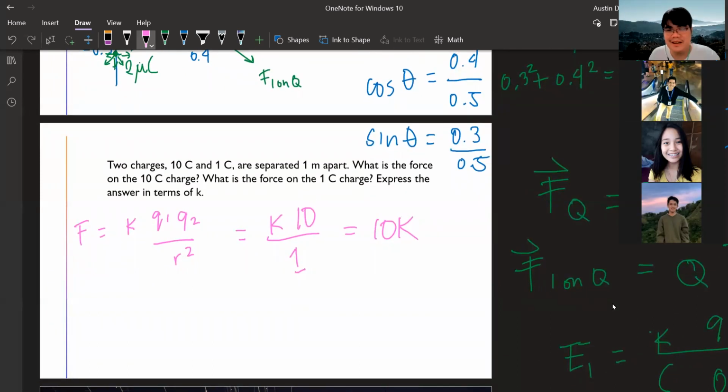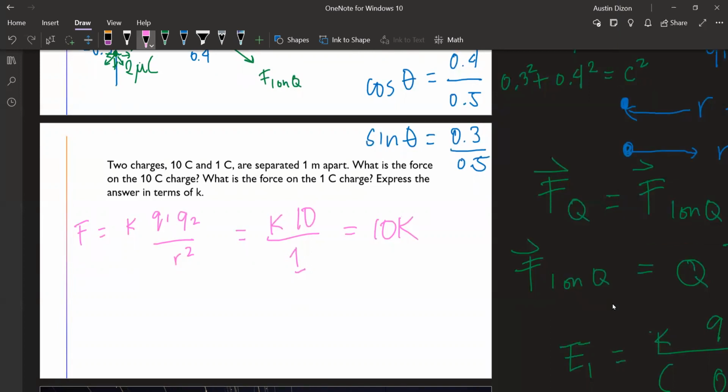You need help? K lang po pala. Okay, sige, sige. Okay, tanong tayo ng iba. Si Ray. Hello, Ray. Are you there, Ray? Hello po, sir. What is the force on the 10 coulomb charge? 10K pa rin. Okay, 10K, sige. Kinokolekta ko yung mga sagot niyo. Okay, thank you, Ray.